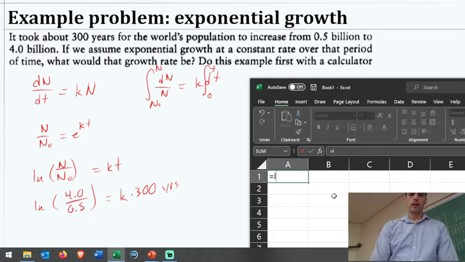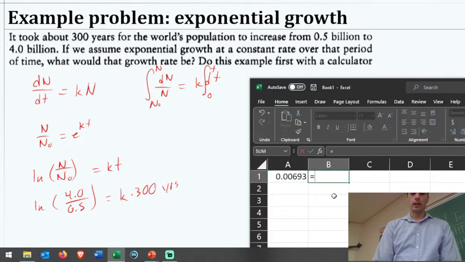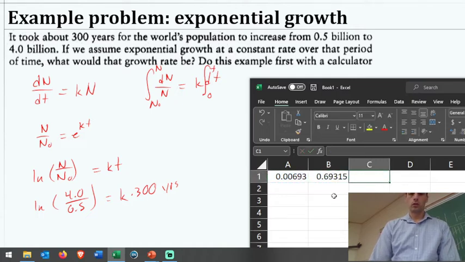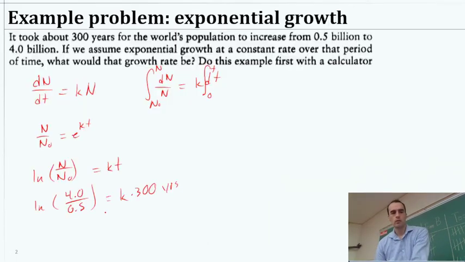So let's take the natural log of 8, that's 4 divided by 1/2, divide that by 300. We can also multiply it by 100% to put it in percentage. So k then is 0.693%.